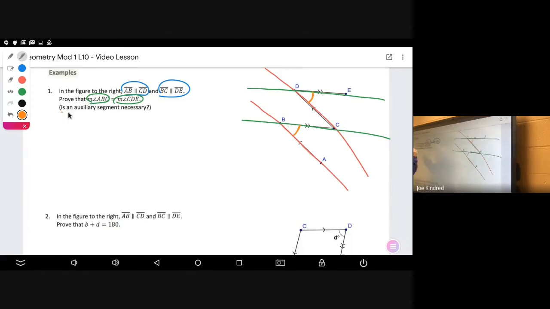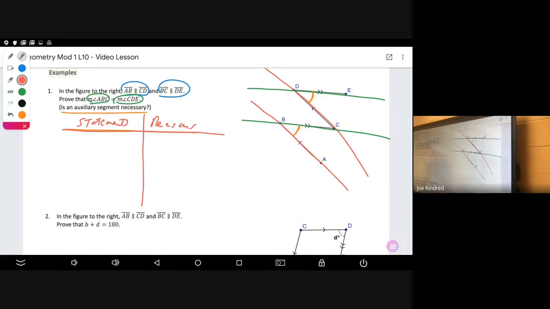Okay, well, is it necessary? It's not really necessary, but it does help to extend the lines out to see it. Like right away I see this. So the first thing I'm going to put is, again, get in the habit of doing this. Putting your line, making sure you have the statements here and the reasons.